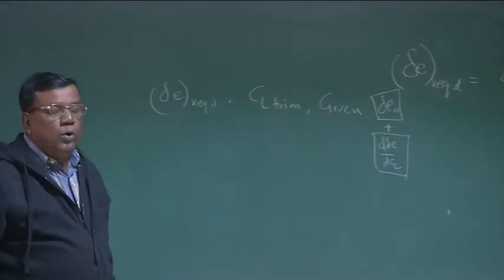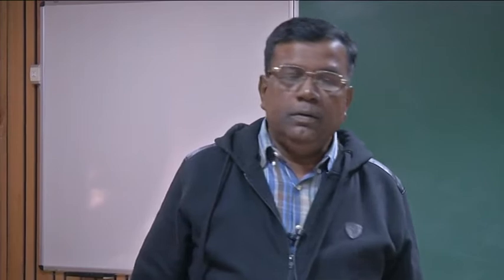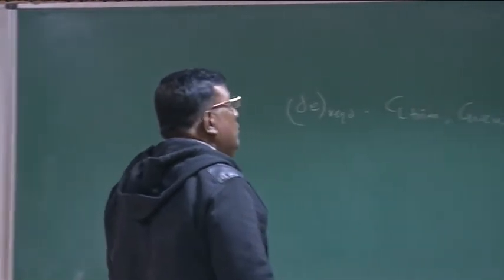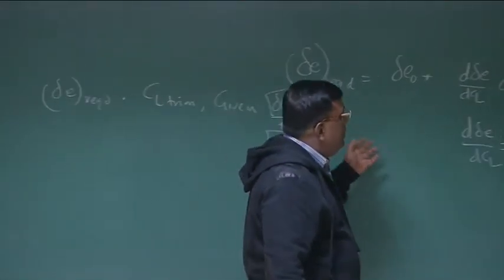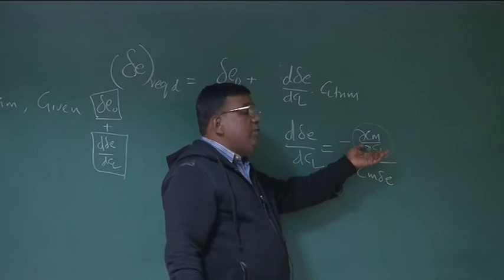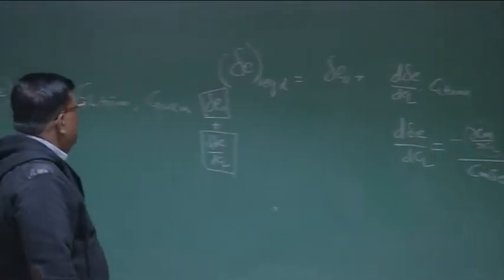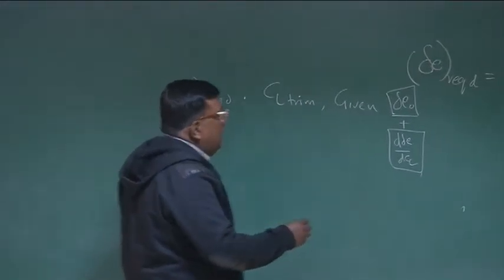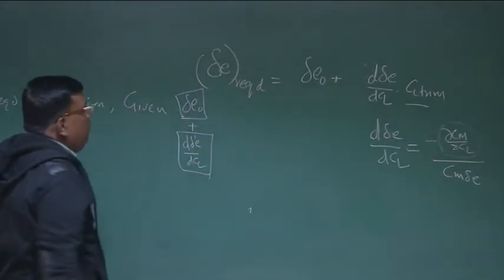And you by now know that delta E naught is also related to Cm naught, which is a characteristic of the airplane, how you have laid the tail, how you laid the wing, and d delta E by dCl is related to static margin, dCm by dCl, and the control power. So what is the understanding? If I want to trim at a particular CL, which is CL trim, I have a unique value given these things, which will not change.